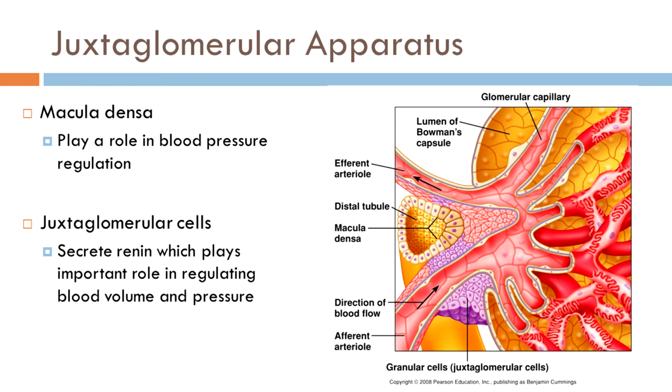There are a number of secreting cells in this juxtaglomerular apparatus, one of the primary ones being renin, which we've seen in the aldosterone and angiotensin II pathway, which plays a big role in regulating blood pressure, which is, of course, important in all of our activities.